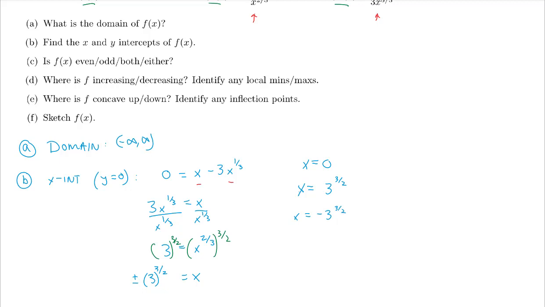And if we wanted to do a numerical approximation of that, well, 3 to the 3/2 is the same thing as 27 to the 1/2 if we cube the 3 first. And then 27 to the 1/2 is close to 25 to the 1/2, and that is equal to 5.